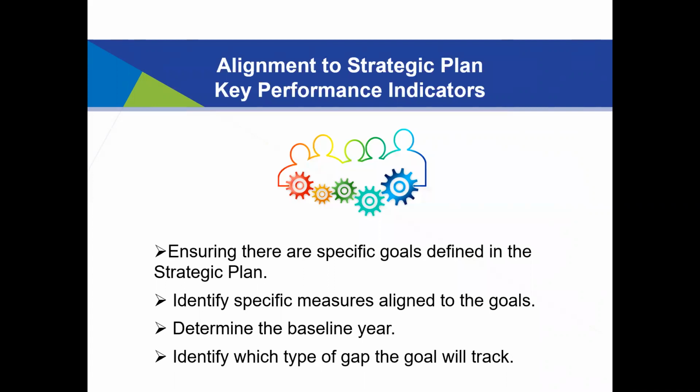You want to identify a baseline year, especially if you're looking at change, or that concept of change over time gap, and then identify what type of gap the goal will track within those three gaps I shared with you. That's one way of doing it. There are other ways that this can be done, but I'm trying to frame this around the importance of focusing on all kids, but at the same time, focusing on kids that are furthest away from meeting our standards.